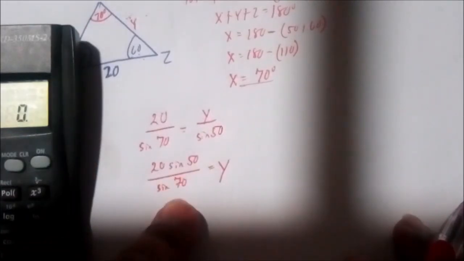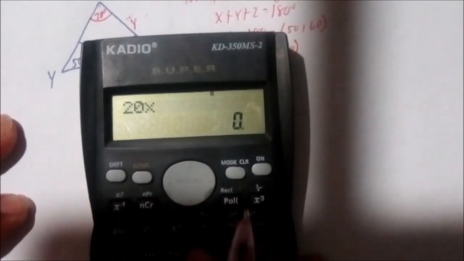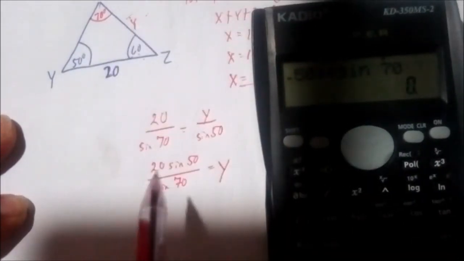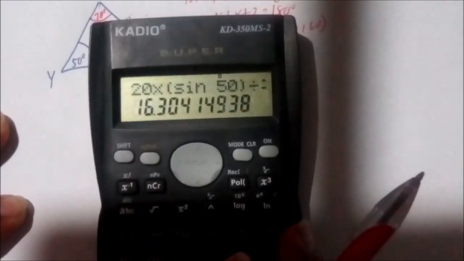So we're going to do that now. We have 20 times open bracket sine 50 divided by sine 70 close bracket, and we press equal, and that gives us our value, which is 16.3.